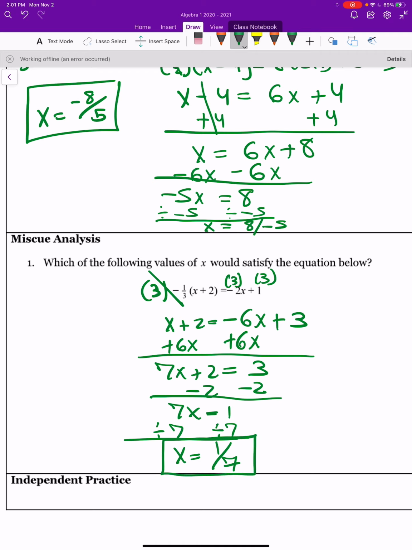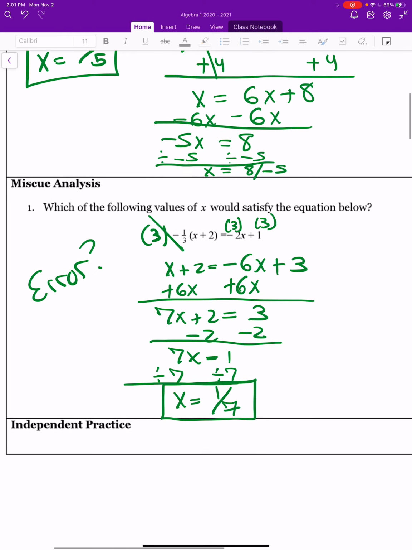Okay, x equals 1/7. Where is the error? And why is it an error? Please find it, and write a complete sentence in the open response question of this problem.